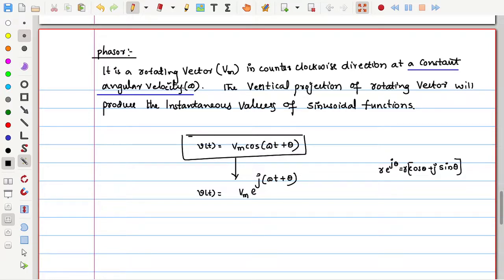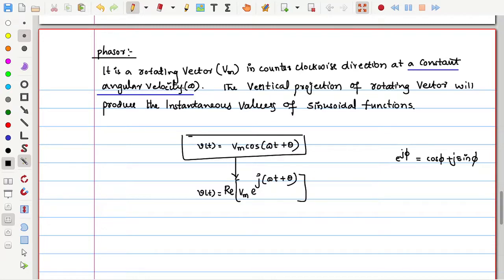Or, if you get confused with this theta, consider it this way: e power j phi is equal to cos phi plus j sin phi, so there is no question of theta here. So now I can split this into cos(omega t plus theta) plus j sin(omega t plus theta). But the sin(omega t plus theta) term was not there originally, so what I shall do is take the real part of this entire representation.